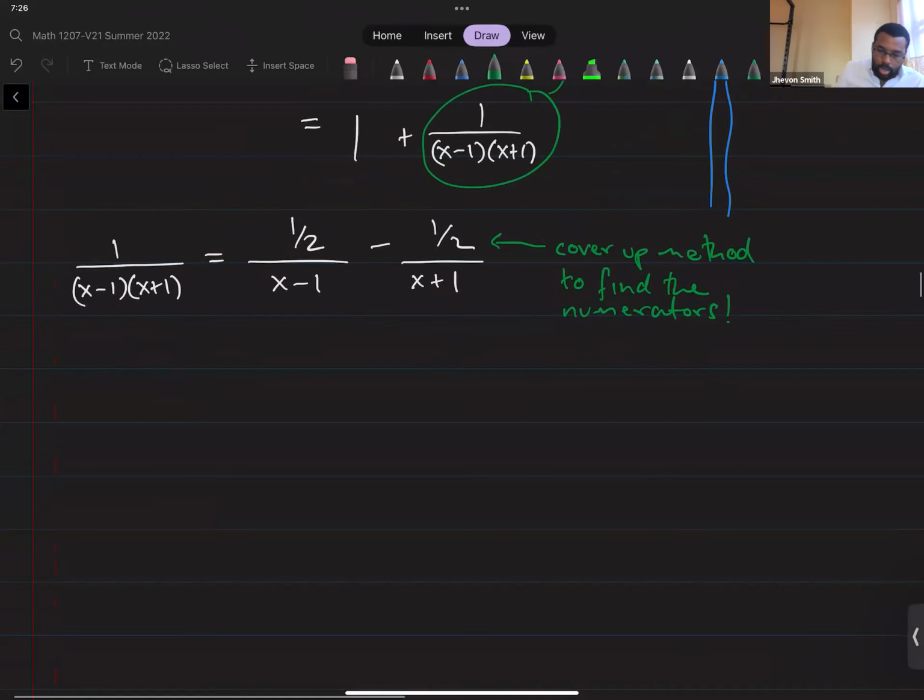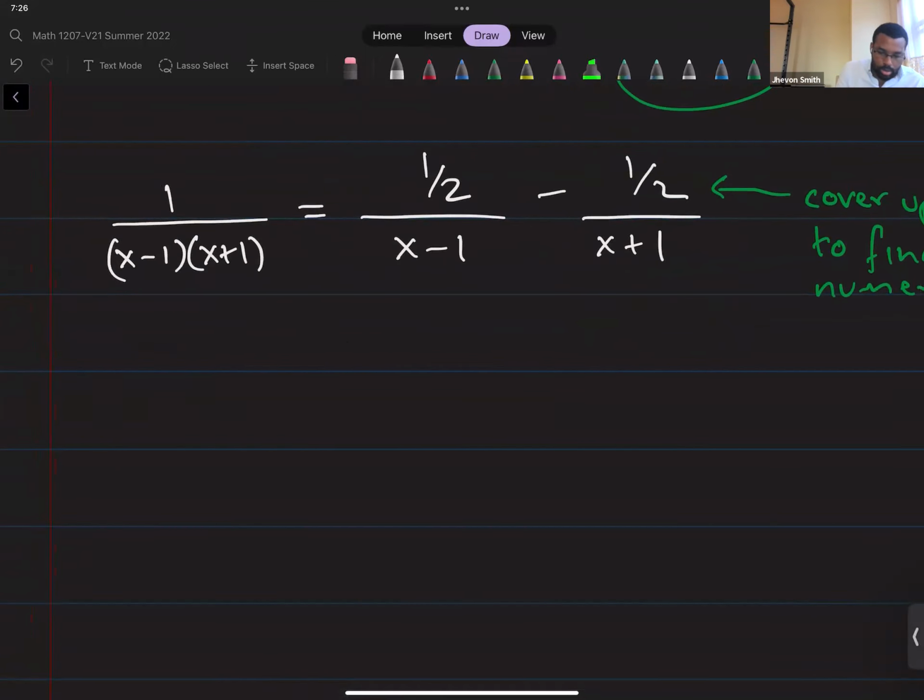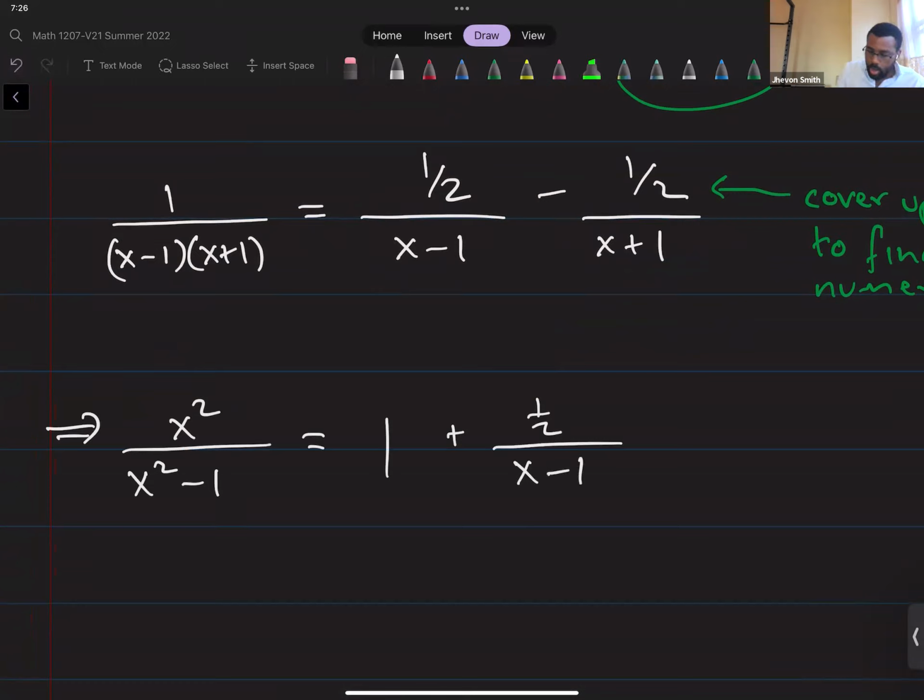And so the original x squared over x squared minus 1 breaks down into 1 plus a half over x minus 1 minus a half over x plus 1.